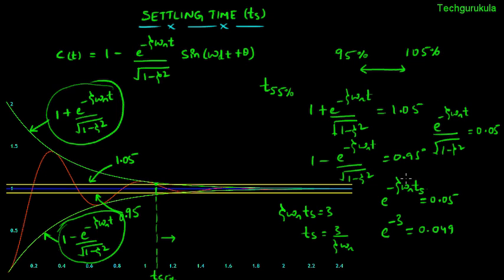Now we can say this constant that we have here, 1 over zeta omega n, we'll call this the time constant. So let me write it here. t_s 5% is equal to 3 times the time constant, which is 3 over zeta omega n. So this is the formula for settling time for 5% tolerance band.